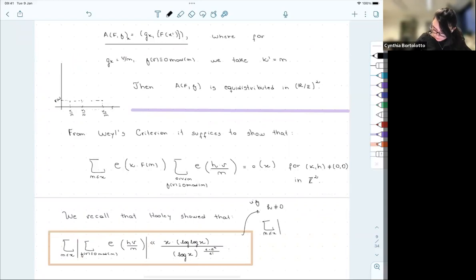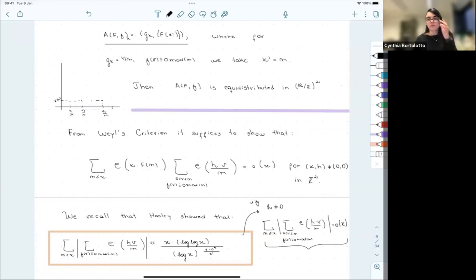We just use the triangle inequality and get rid of this exponential sum here. And then we have this sum over all the roots mod n of e^(2πi h·b/n), and we just apply what Huli showed. This is little o of x. So this case is handled.